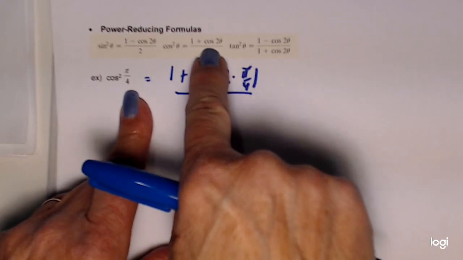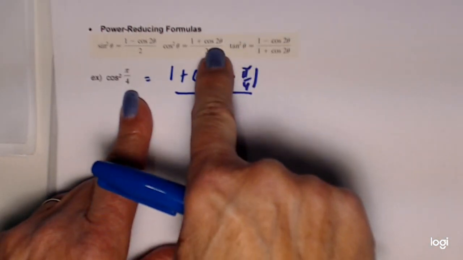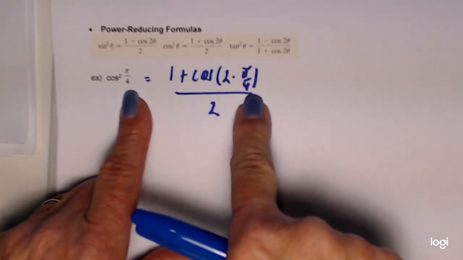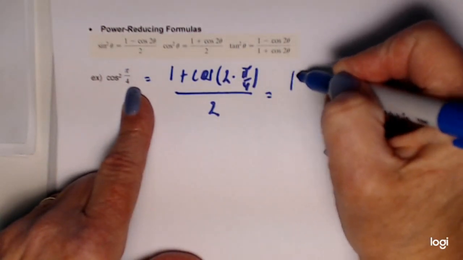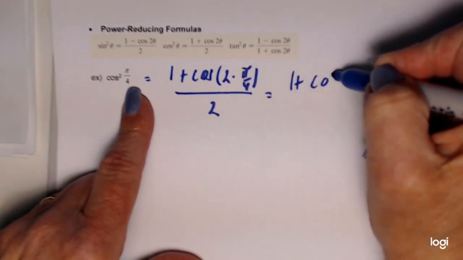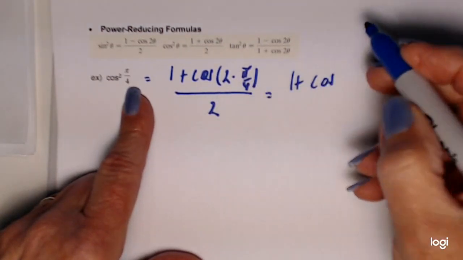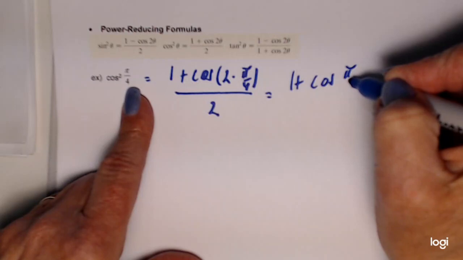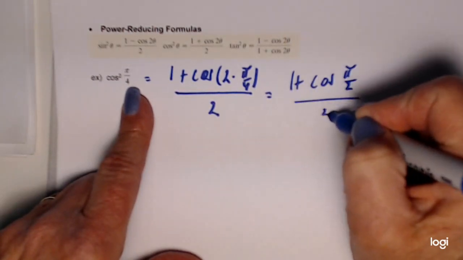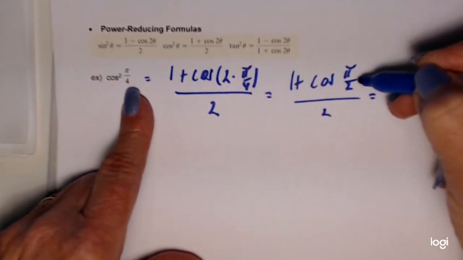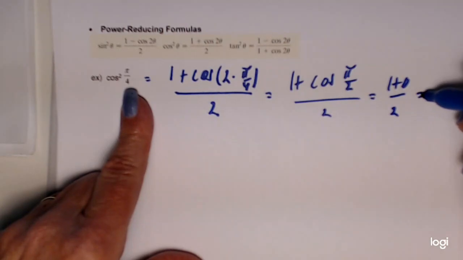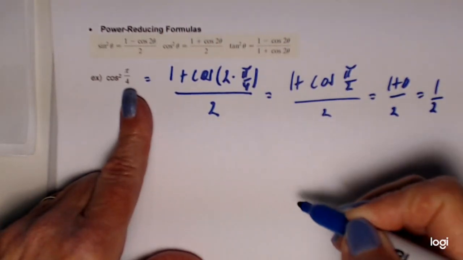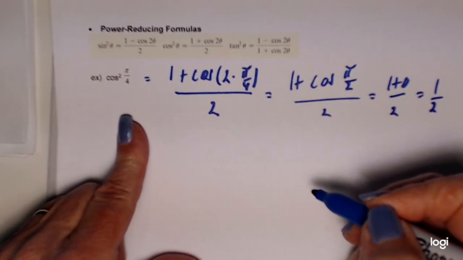For cosine of 2 theta, I put in our pi over 4. So now we have 1 plus cos of 2 times pi over 4, which is pi over 2, all over 2. The cosine of pi over 2 is 0. So we have 1 plus 0 over 2, which is 1/2. So that's how the formula works.